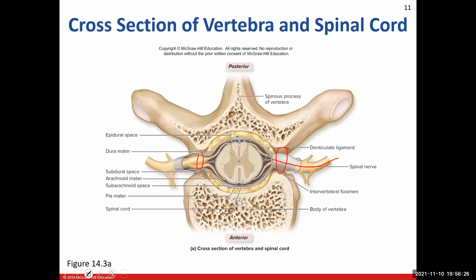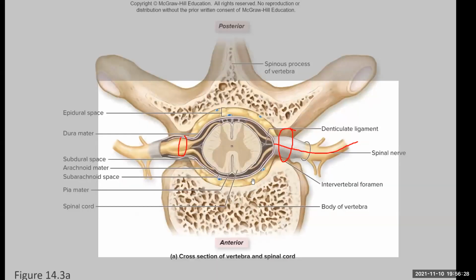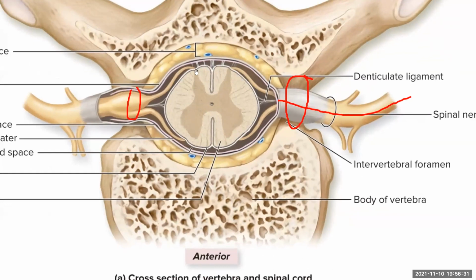So here you can see, we have the pia mater directly on the outside, it's this white covering of the spinal cord. And then it looks pink to me, and that is the arachnoid mater. You can see some of the arachnoid trabeculae extending from there. But in this space, that's where the cerebral spinal fluid is going to flow.